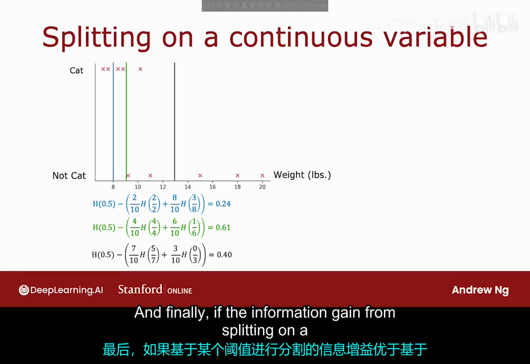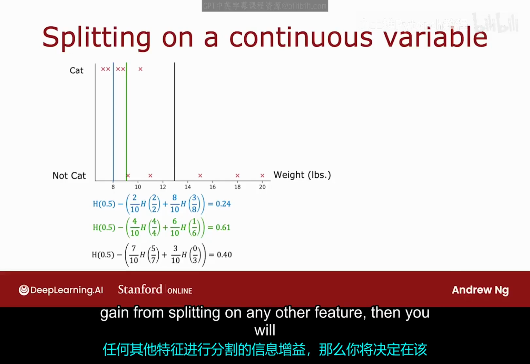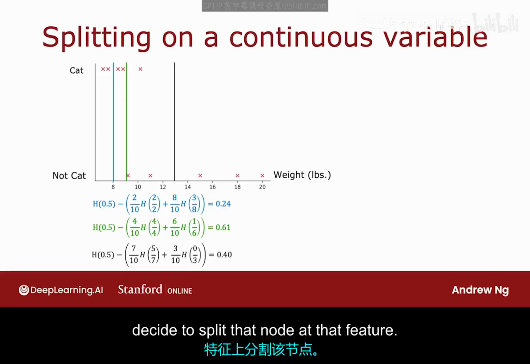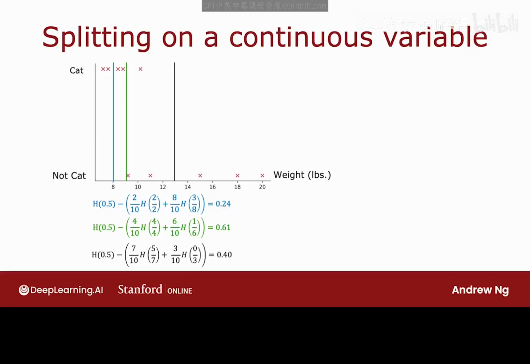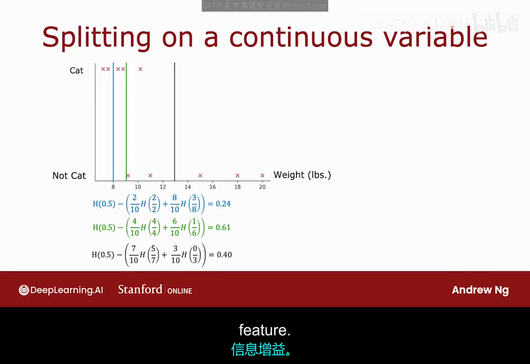And finally, if the information gain from splitting on a given value of this threshold is better than the information gain from splitting on any other feature, then you will decide to split that node at that feature. And in this example, an information gain of 0.61 turns out to be higher than that of any other feature.